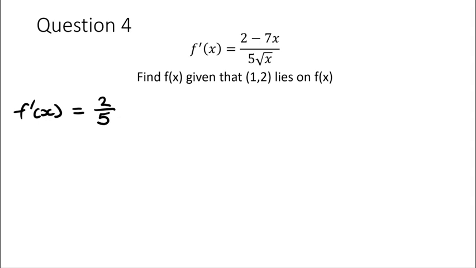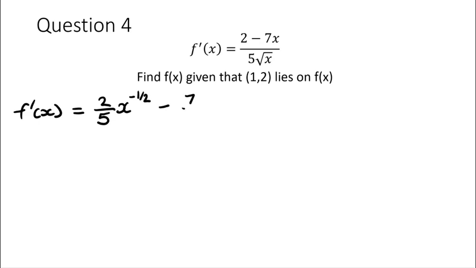So I've got 2 divided by 5 in terms of the numbers, and then I'm dividing by the square root of x. Dividing by root x, which is the same as dividing by x to the half, is the same as multiplying by x to the minus a half. And having it in that form is going to be a lot easier to integrate.